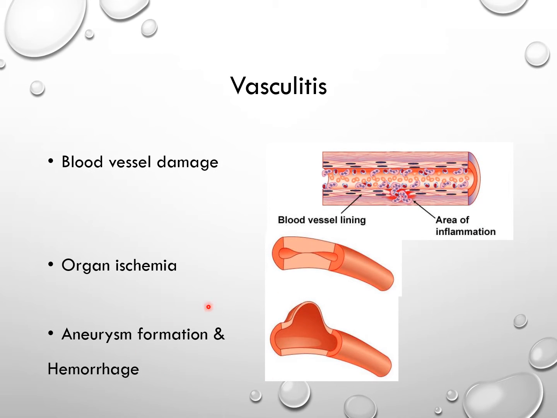So the process of vessel damage starts with vessel wall inflammation, which may lead to increased edema of the wall. That's why it can be seen on MRI as edema and enhancement of the wall. In such a state, you can find the narrowed lumen, sometimes occluded.